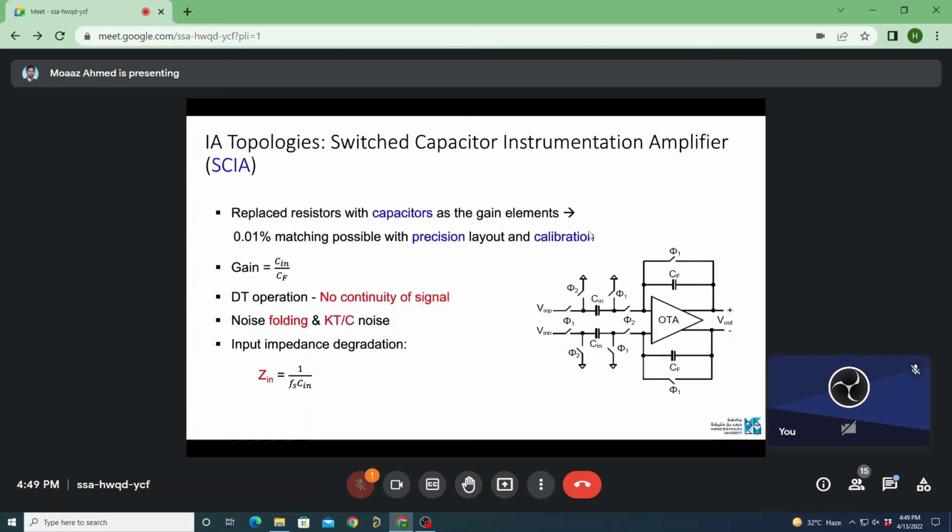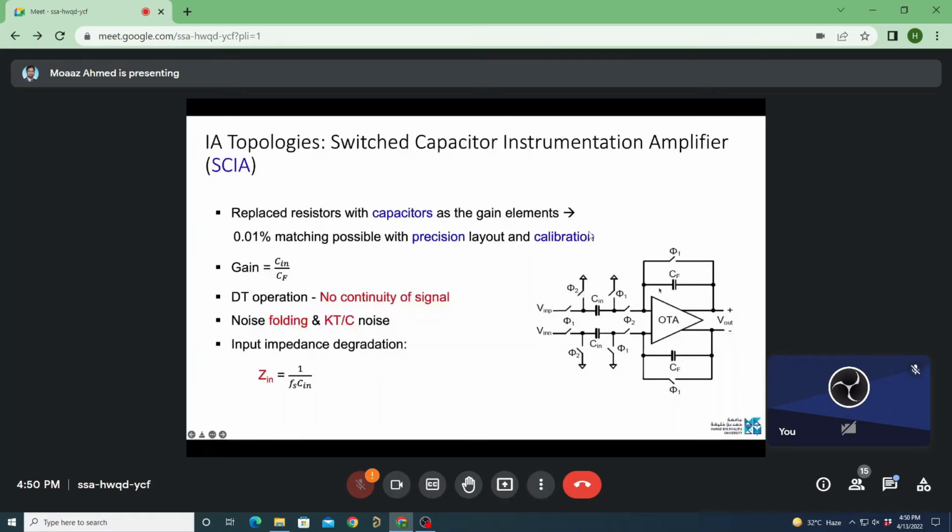Capacitors can match to 0.01%, while with resistors you can have at most 0.1% matching. So if you use capacitors as the gain-defining element, you can have a more precise gain definition. This is the point.